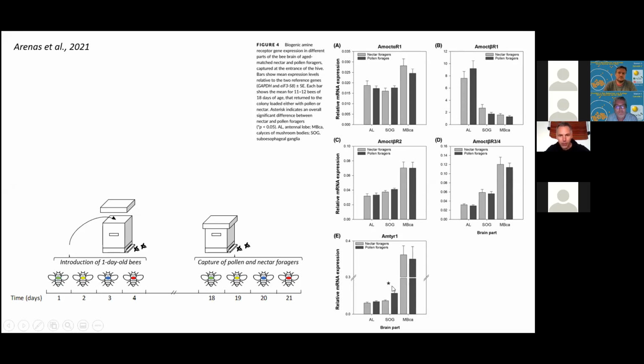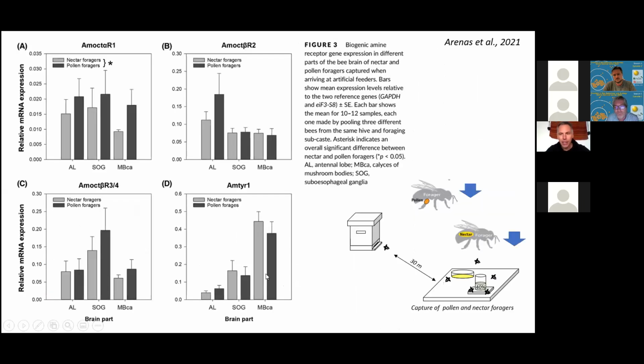So again, this is not strictly comparable, because here we used known-age bees, we controlled the age of the bees, and there we could not control the age of the bees.